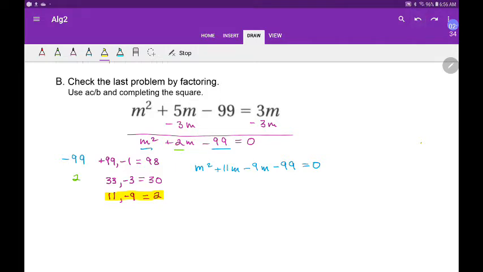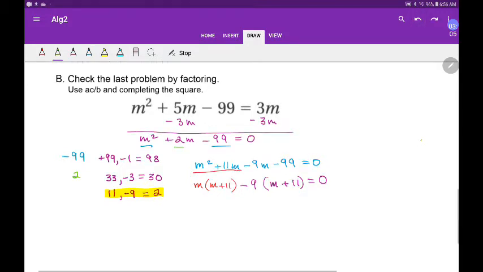Okay, why would I do this? Well, the first 2 I can factor out an m, so I'm going to say m times m plus 11. And then the second 2, let's see, a negative 9 will come out of both of those. And we can see what happens here. Same thing left inside, that was our goal, to get the same thing left inside.